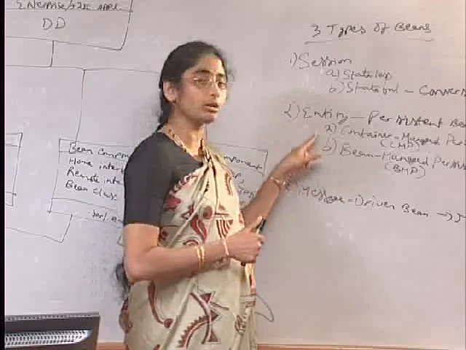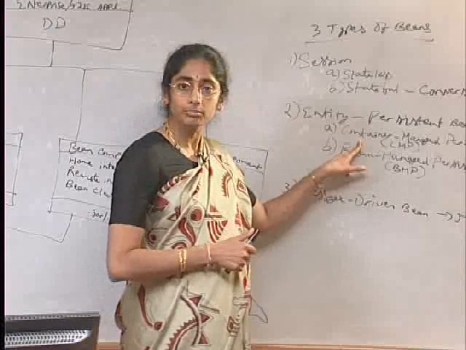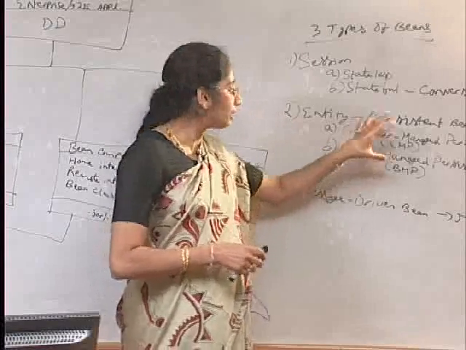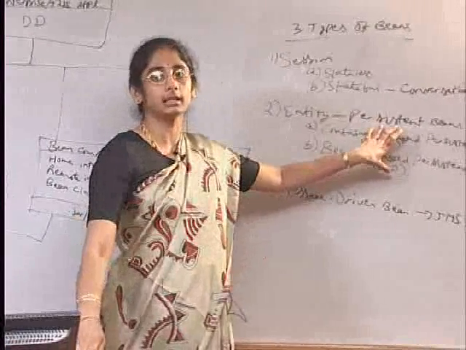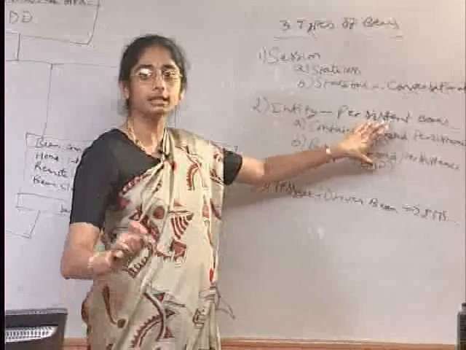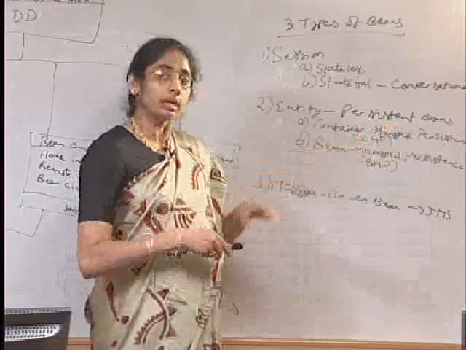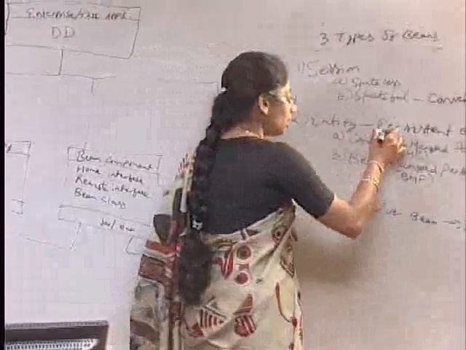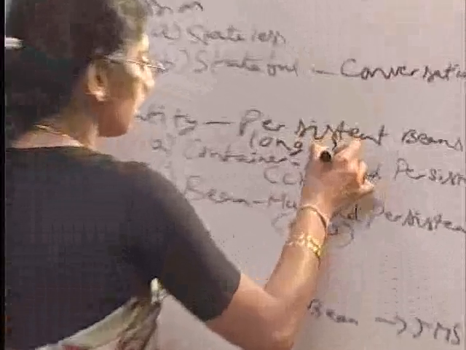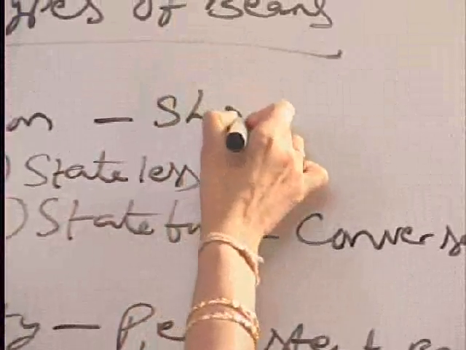The name is so called because in case of a CMP, the data in entity beans is represented in the database. The data is stored in the database. So, entity beans are long lived, whereas session beans are short lived.